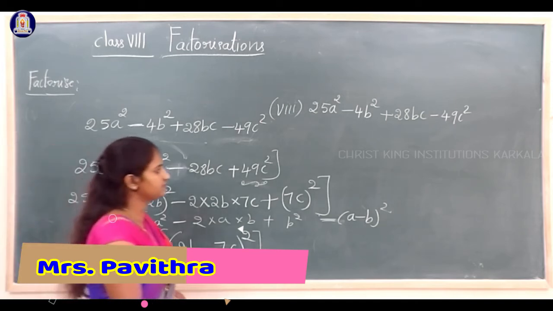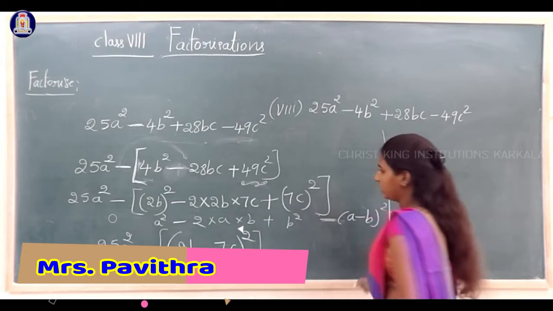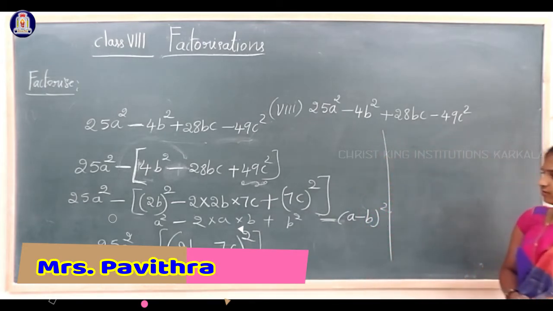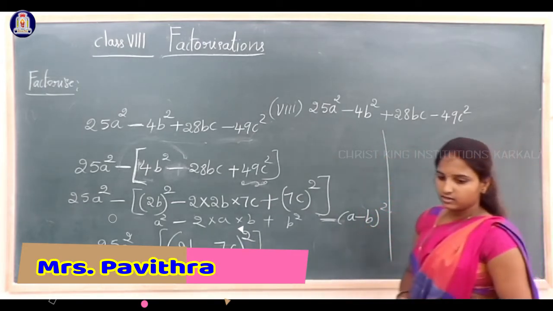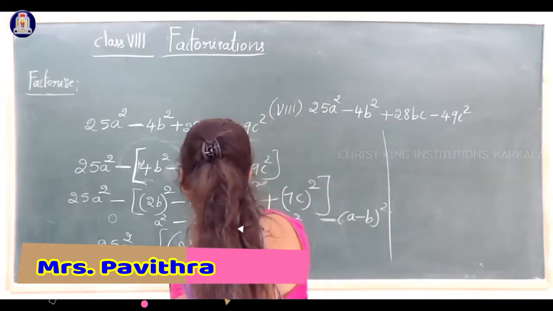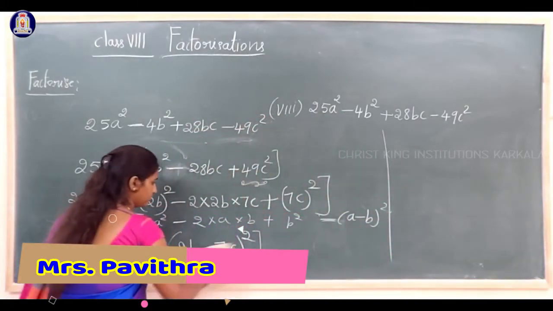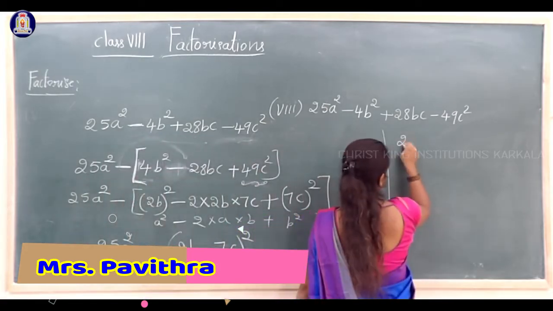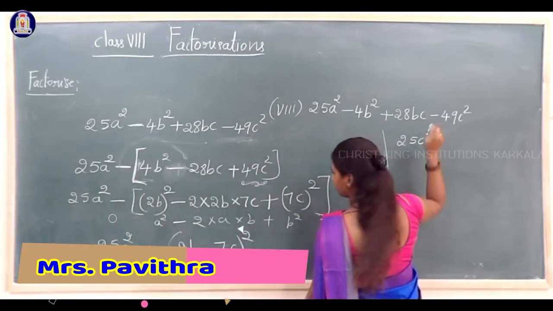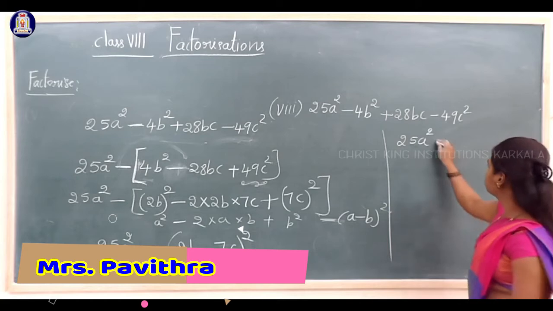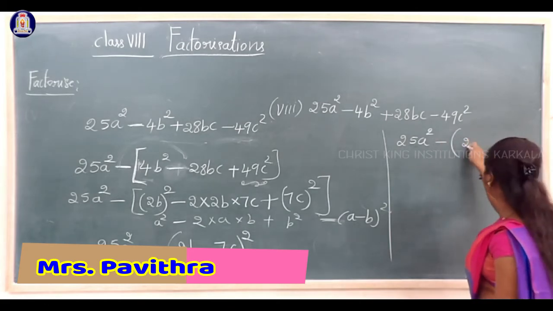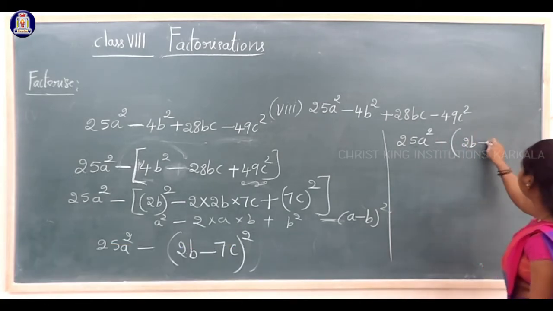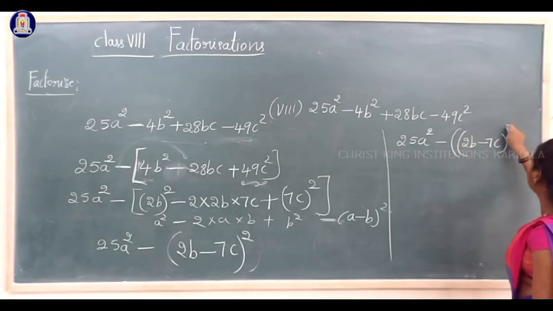So again we can use the third identity. Okay, sorry. So now write the question. Here 25a square and here 25a square minus terms of 2b minus 7c the whole square.